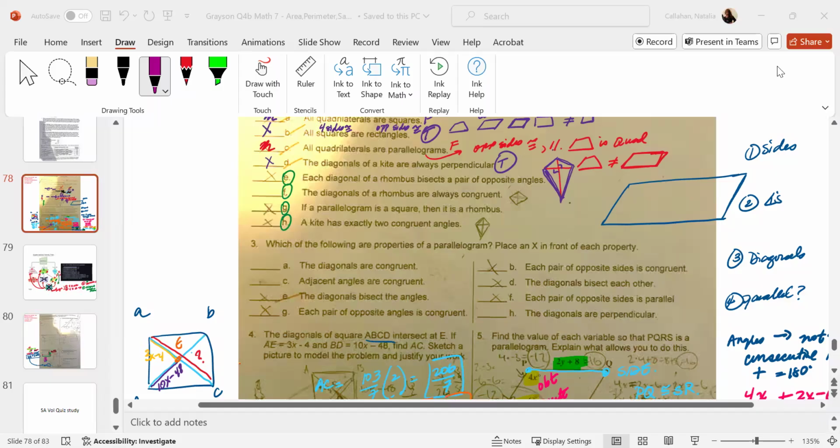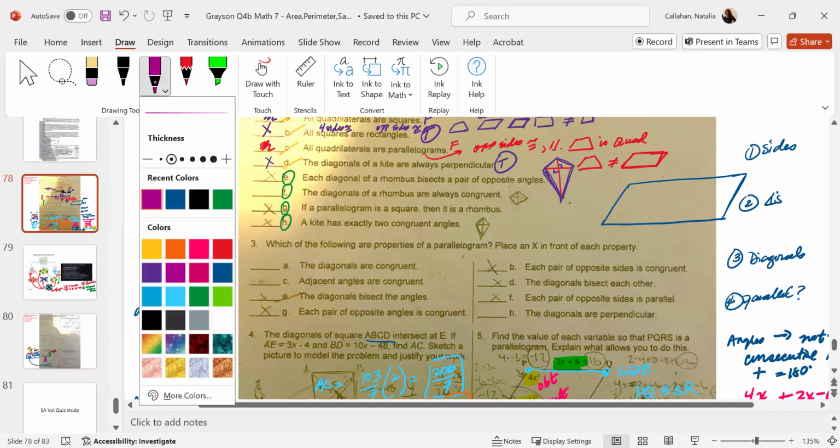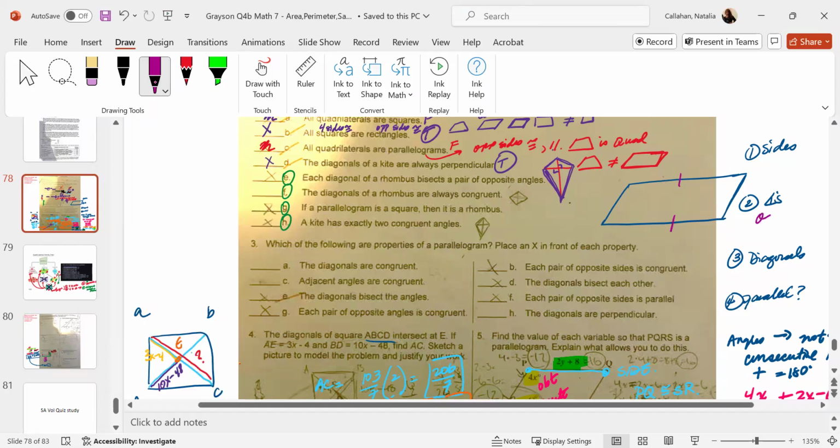What do you know about the sides? Sides are congruent. What's that? All sides? No. Opposite sides are congruent. If all sides are congruent, then it'll be a rhombus. Has to be opposite side. What do you know about the diagonals?